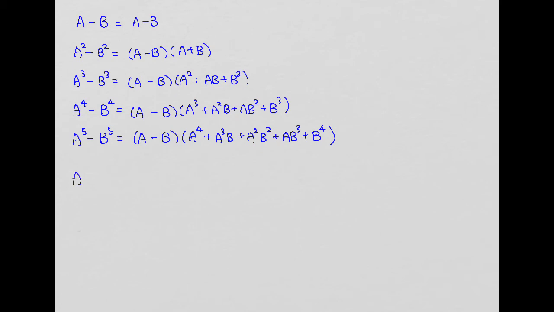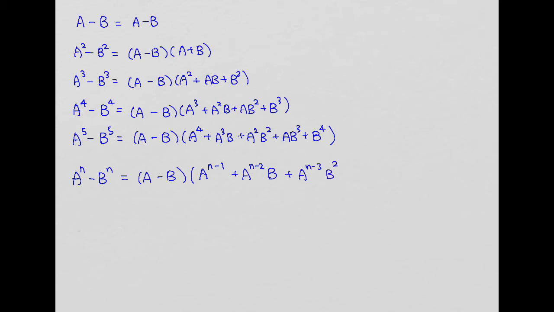If I have aⁿ − bⁿ, the first bracket will be a − b. And the second bracket will become aⁿ⁻¹, right? Plus aⁿ⁻² with a b now. Plus aⁿ⁻³b².